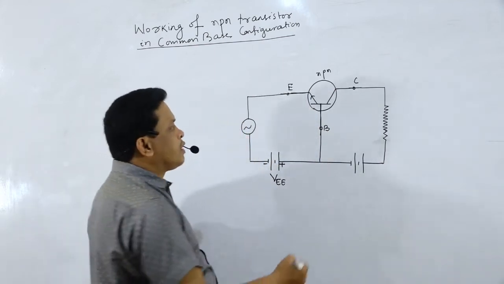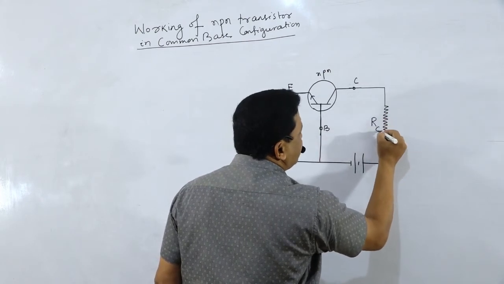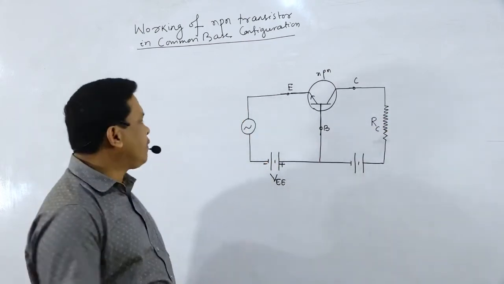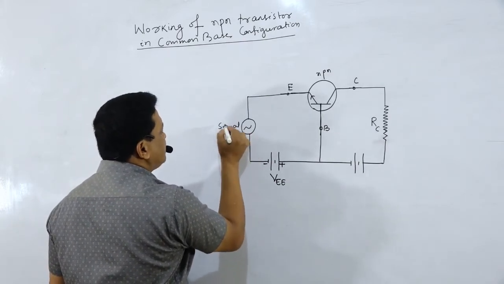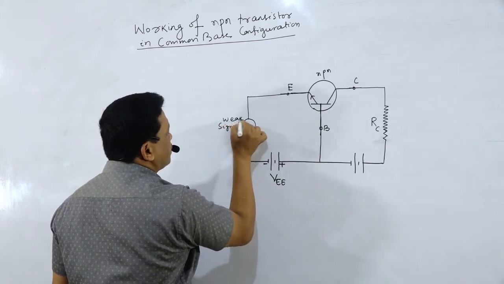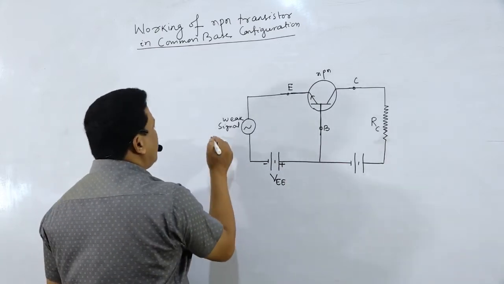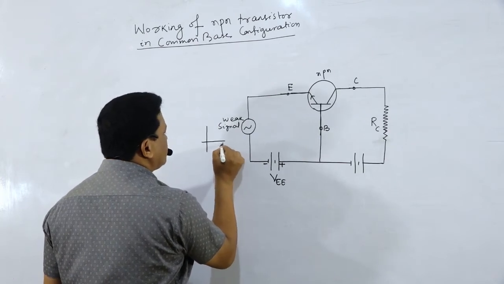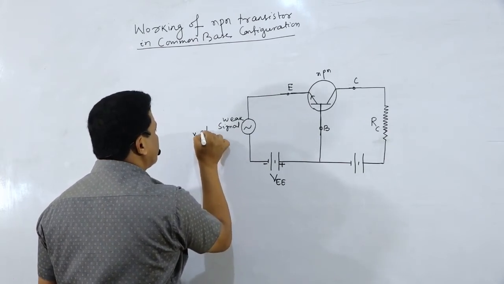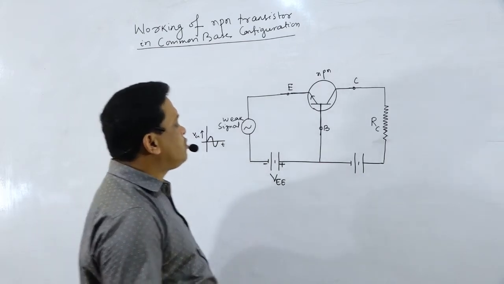Now this load resistance is the collector load RC. RC is the collector load, and this is the signal, which is a weak signal. When I say signal, it is an alternating voltage of small amplitude.